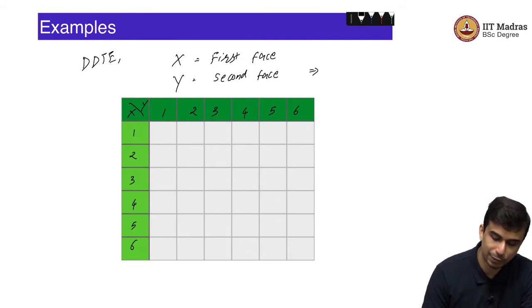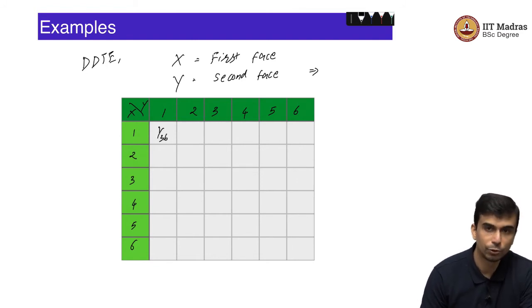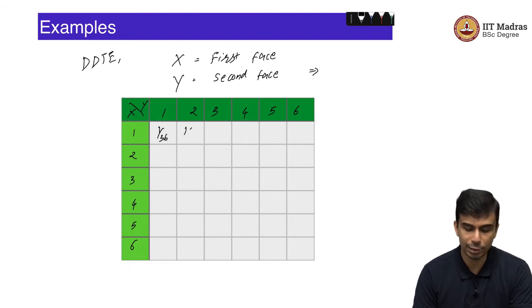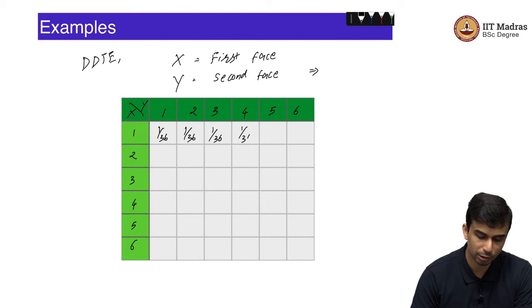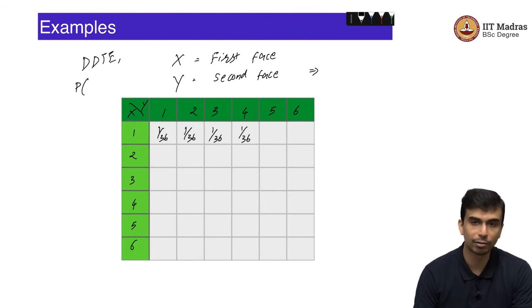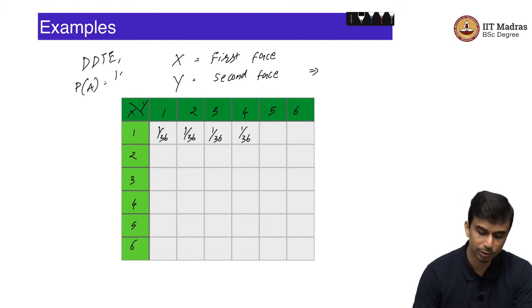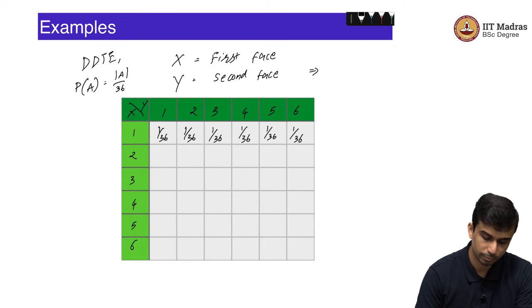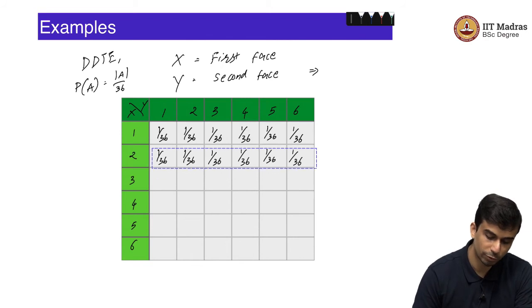You can fill in each cell of the table with the probability that x is equal to 1 and y equal to 1, which is 1 by 36. In fact, the entire table is going to be filled with 1 by 36.